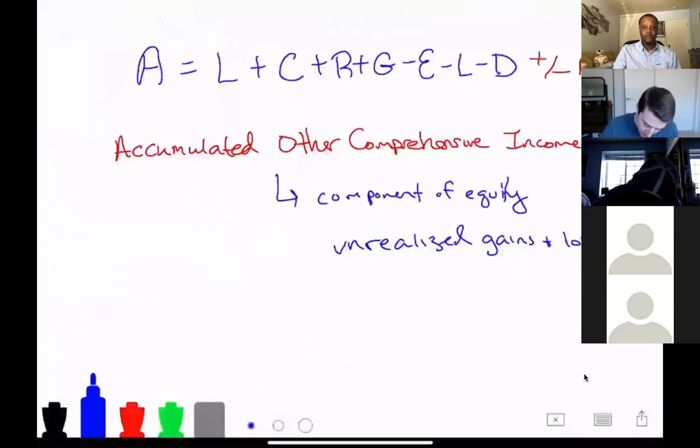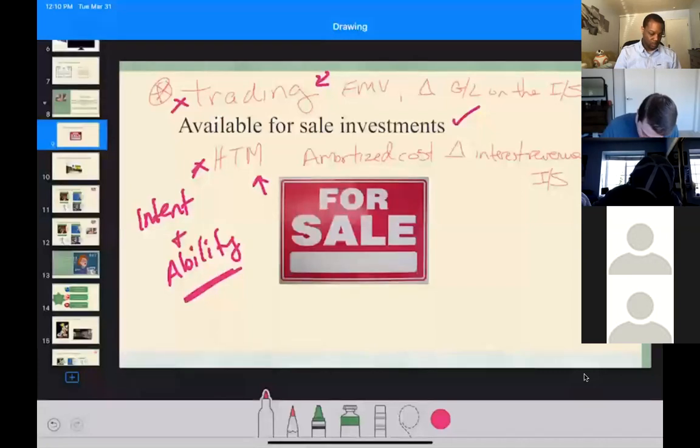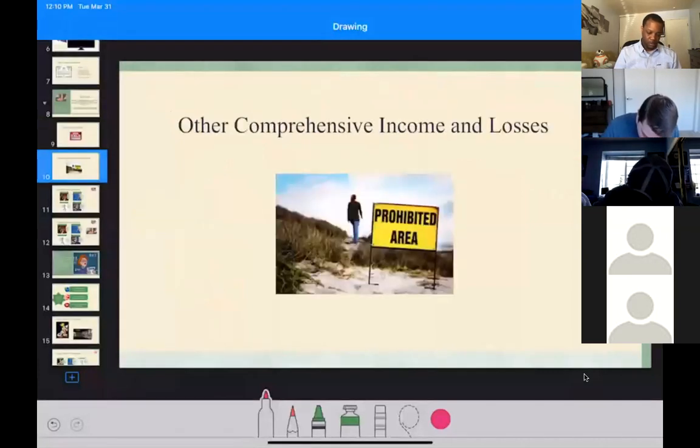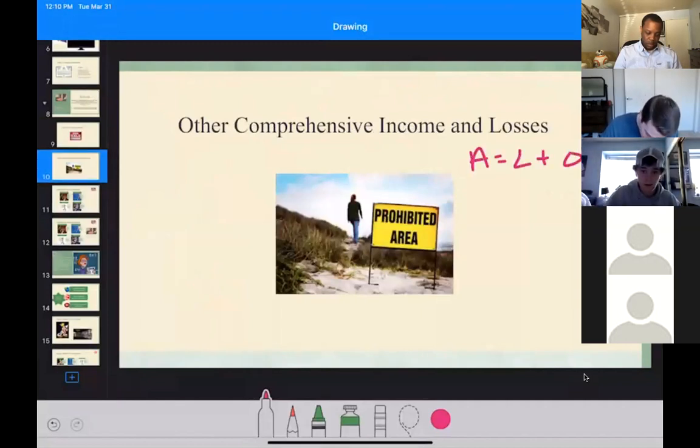Would you debit it to increase it and credit it to decrease, or the other way around? Or does it just depend on whether it's, I don't know. It's in equity, right? So OCI is part of equity.